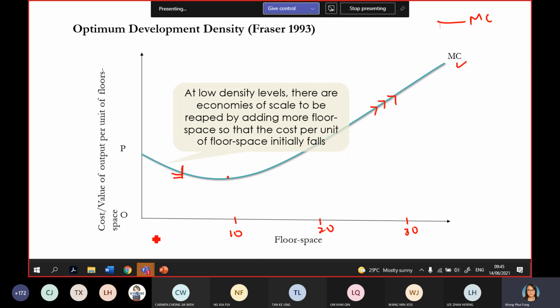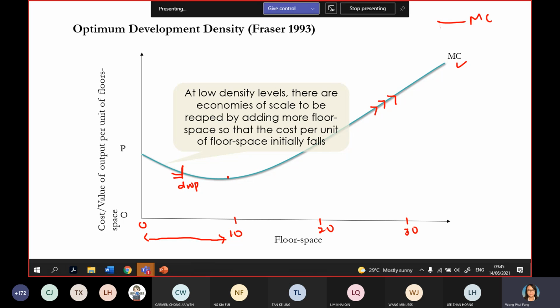At the beginning, when you build 0 to 10 floors, your cost starts to drop, because building 1 additional floor is better than building nothing. So that's why the cost starts to fall when you build higher. Just now I mentioned that when you order your material in large quantity, you can get a discount. So that's why your cost actually falls at the beginning.